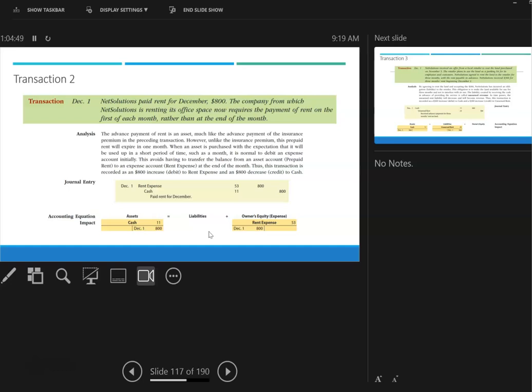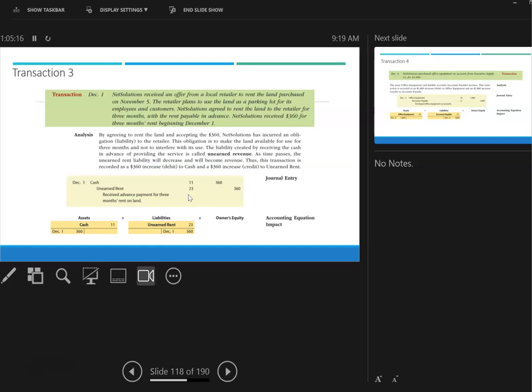The cash account is number 11. Do you see how when we post them, we go to the rent expense account and show our debit to 800, and we go to our cash account and credit the 800? That is the posting onto the accounts. Am I losing you guys?